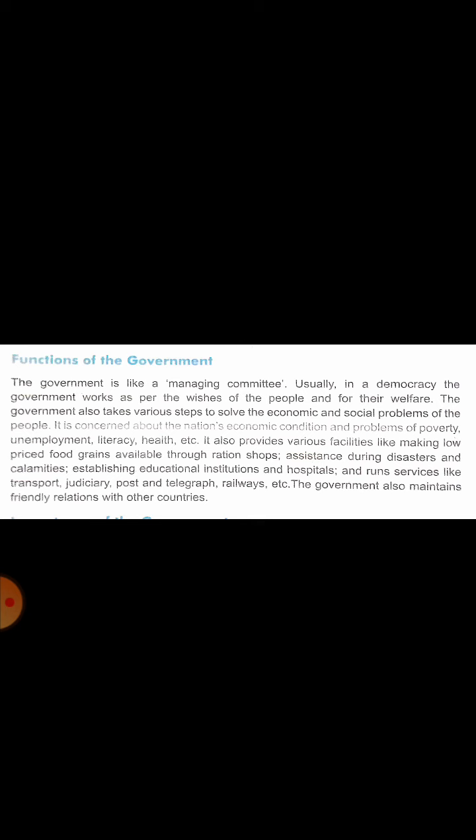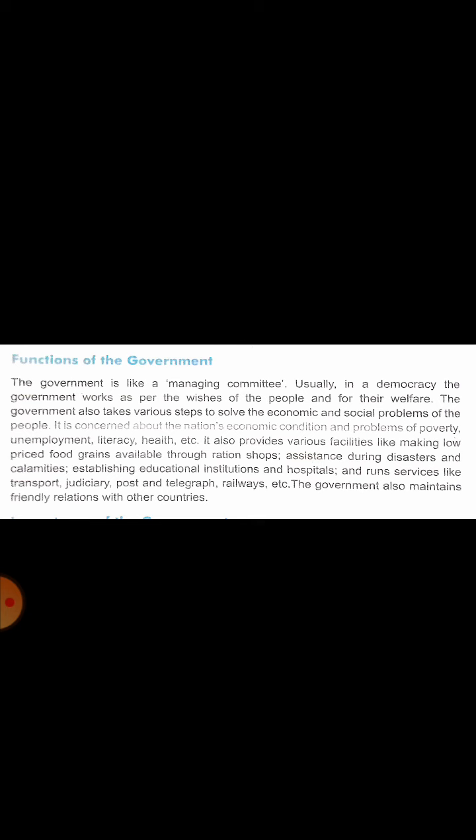So, the various functions of the government: they provide us educational institutions, hospitals, transport facilities like railways and public transportation methods. Then post and telegraph is there, and low priced food grains through ration shops.